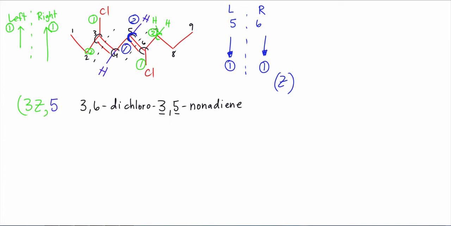So that's going to give me 5Z. So the correct name is 3Z, 5Z, 3,6-dichloro, 3,5-nonadiene. Okay? All right, let's look at another example.